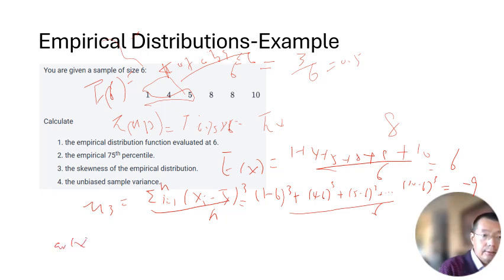Now, Var(X) is similar, it's just that instead of the third power, we use the second power, (xi minus x bar) to the second power.